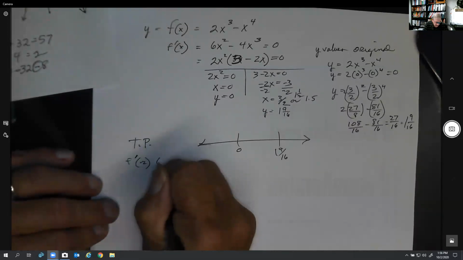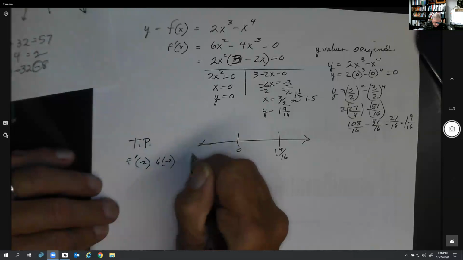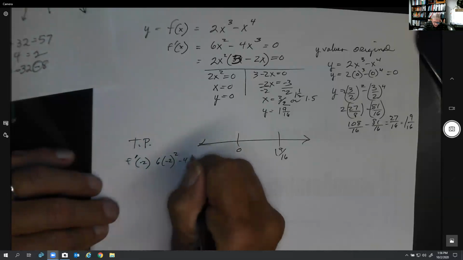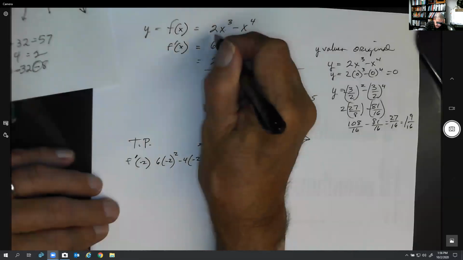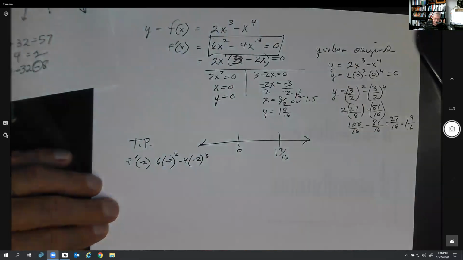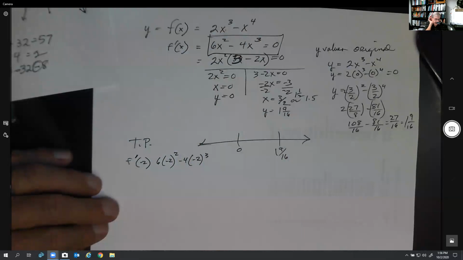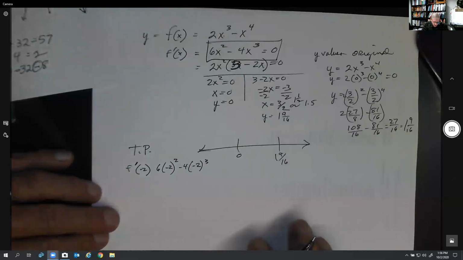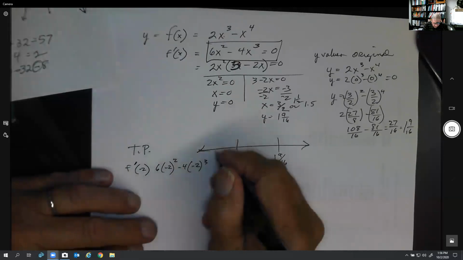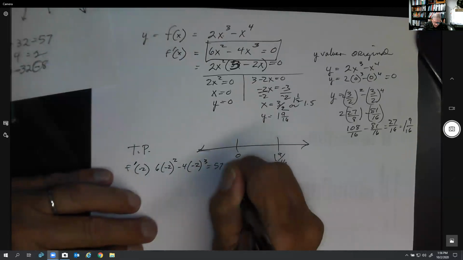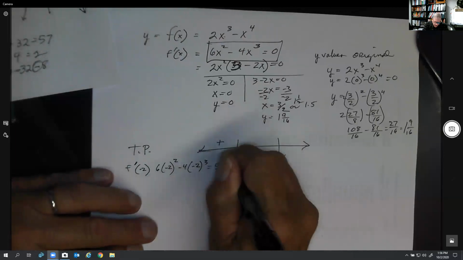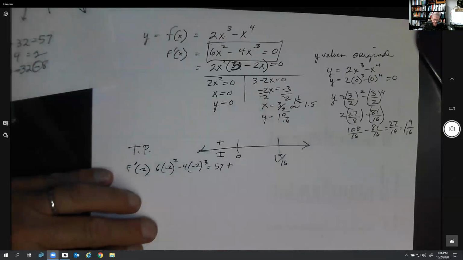I got 6 times -2 squared minus 4 times -2 cubed. After I worked that out, I got 57. That's the key: it came out positive. And so I know this is increasing.